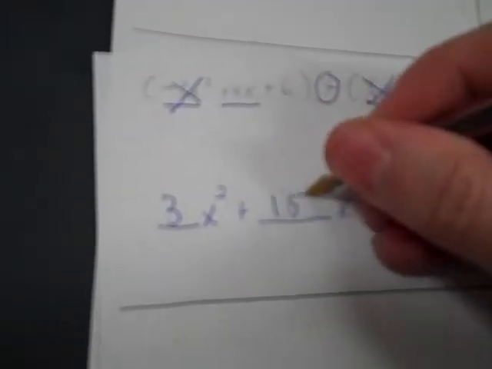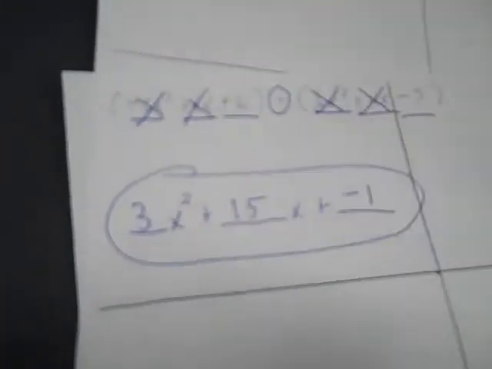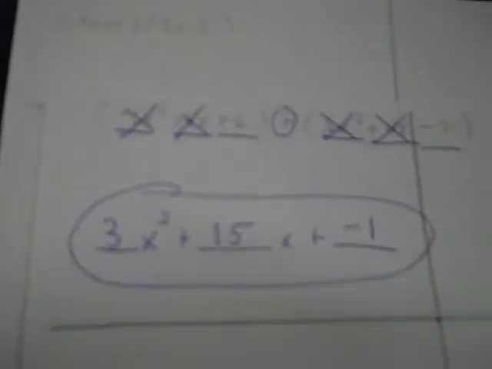So it's 4 plus 11. That's 15. So we have 15x. Now we cross those out. Then for numbers without x, I have a positive 6 and negative 7. So I add 6 plus negative 7. I get negative 1. Okay, and that's the answer. 3x to the second plus 15x plus negative 1.